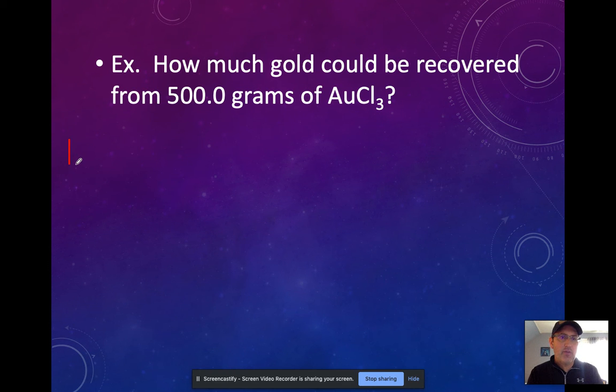So with gold-3 chloride, we have 1 gold, that's Au. And that's going to equal 196.97. Gold's a pretty massive element, I said compound, excuse me. 196.97. And then we have 3 Cls. And that's going to be 3 times 35.45, which is 106.35.